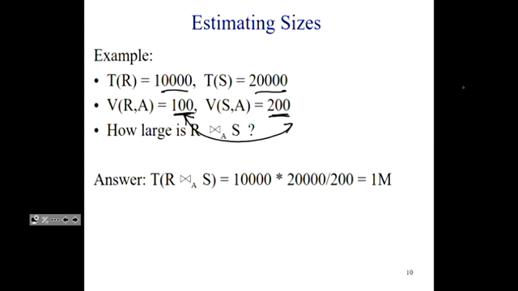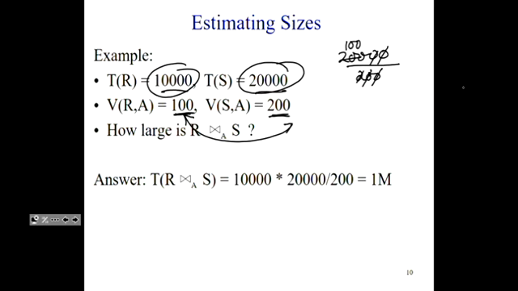I have 10,000 tuples in R. Each of those tuples is going to join with 20,000 divided by 200, which is 100. Okay? So each of these tuples in R is going to join with 100 tuples in S, and therefore overall, I get 1 million. Okay?